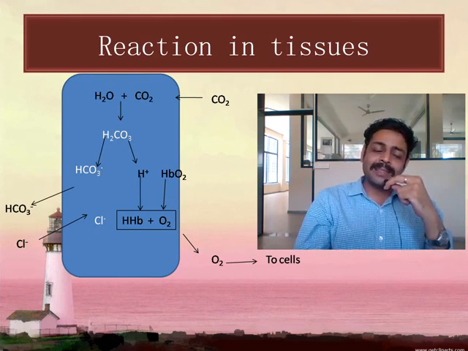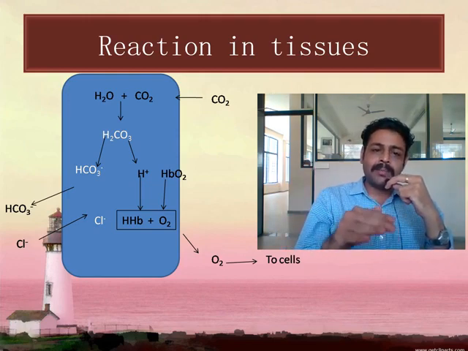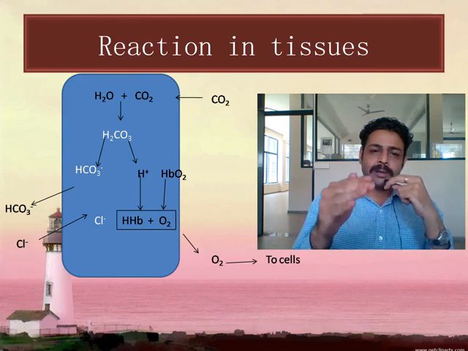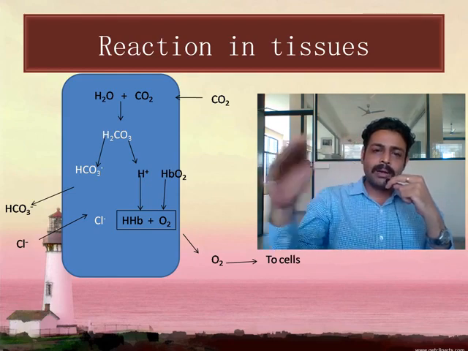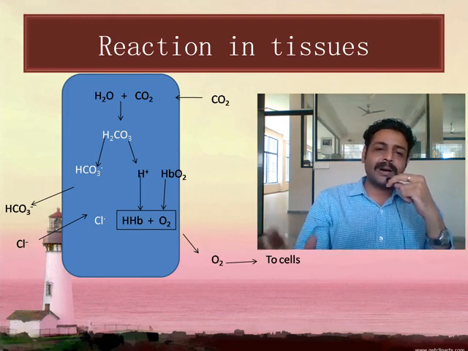So what happens in the lungs? In the lungs, bicarbonate enters, chloride comes back, bicarbonate plus H+ becomes H2CO3, becomes H2O plus CO2, and CO2 is released into the lungs, into the atmosphere. This is how carbon dioxide is transported.